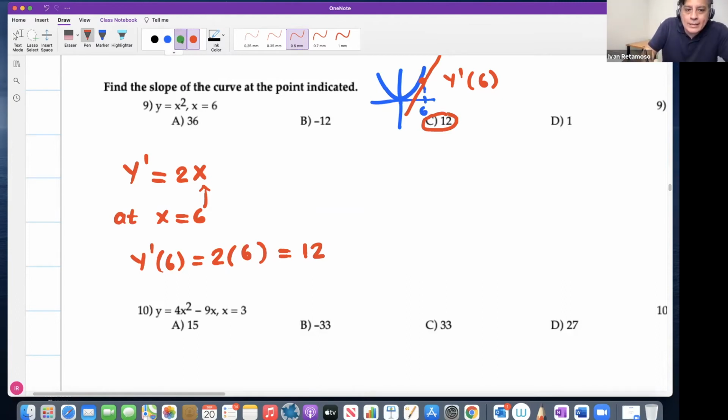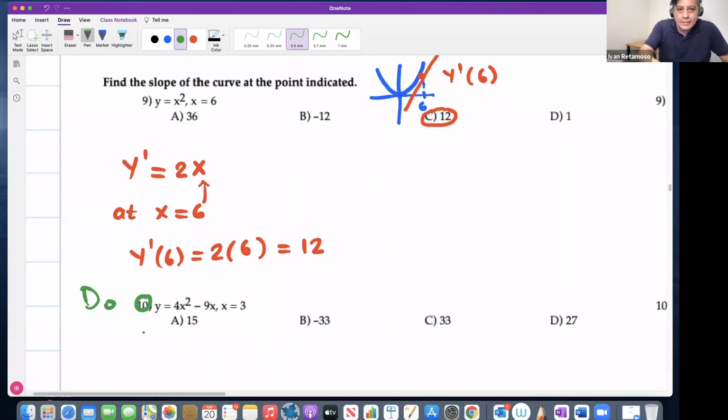Can you try number 10 in this one? Can you try that using your formulas? Try this. Find the slope of the curve at x equals 3. You don't need to graph this. This is just for me to explain what this problem is all about.